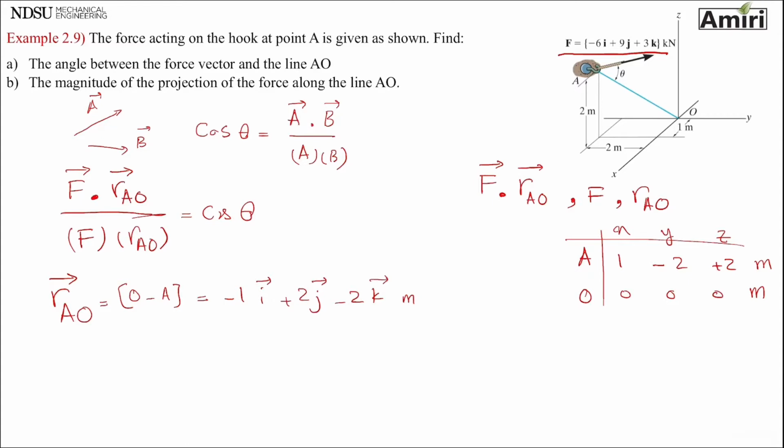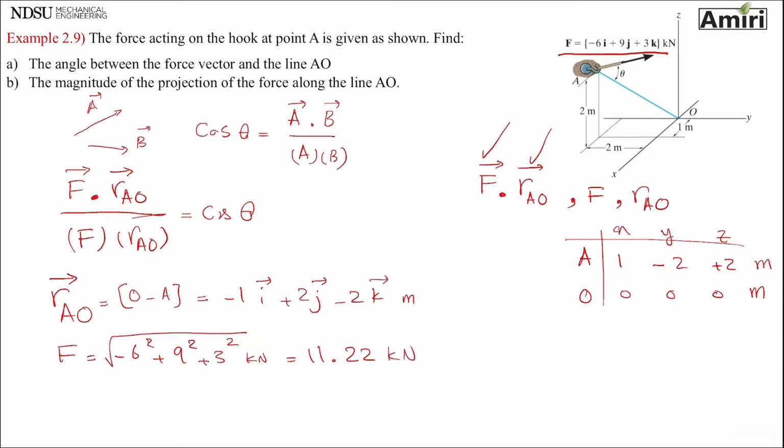So we have F. Let's find the magnitude of F and the magnitude of AO. The magnitude of F is 6 squared, 9 squared, 3 squared, and the square root of all of that. The units are kilonewtons, and the magnitude of F is going to be 11.22 kilonewtons.